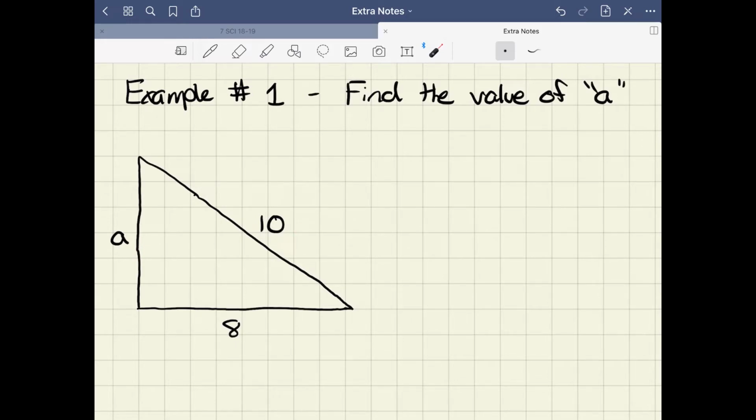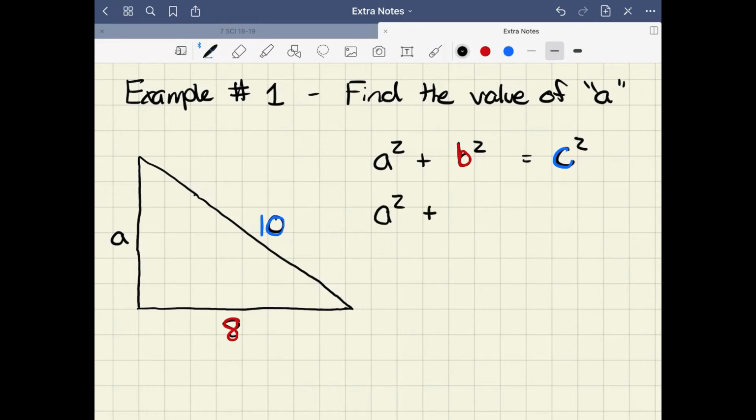Okay? So again, we're going to start with our normal equation, and our normal equation would be something like this. A squared plus B squared equals C squared. Now, in this example, we know B to be 8, and we know C to be 10. So we're going to plug those values in. We're going to copy everything down.